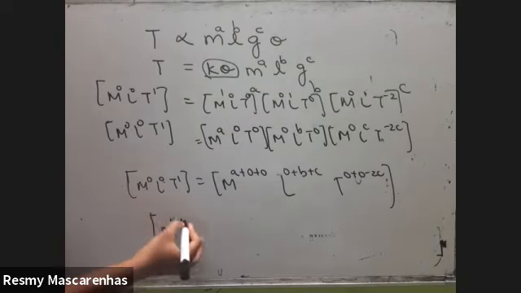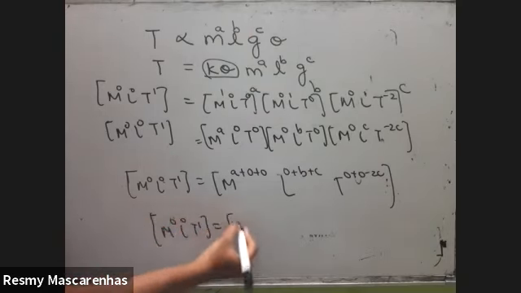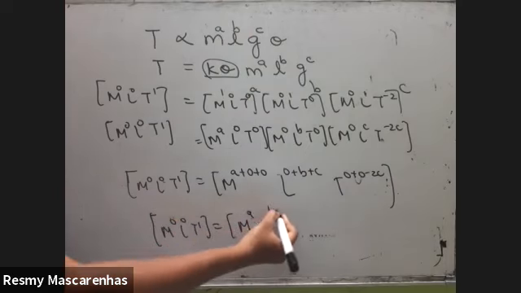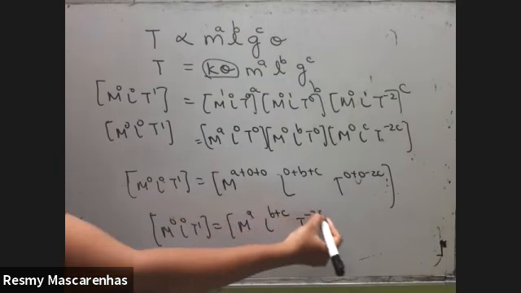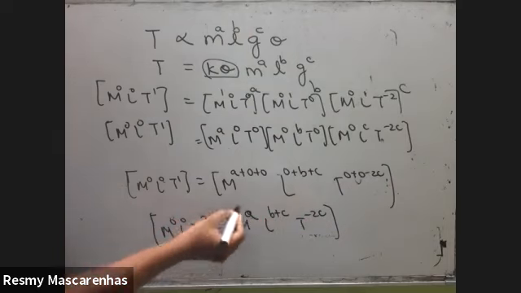M 0, which will be A, B plus C minus 2. And then you equate the powers.